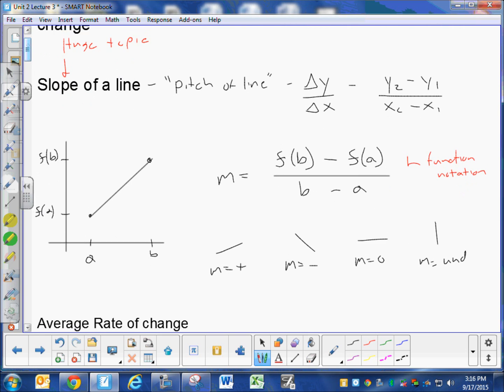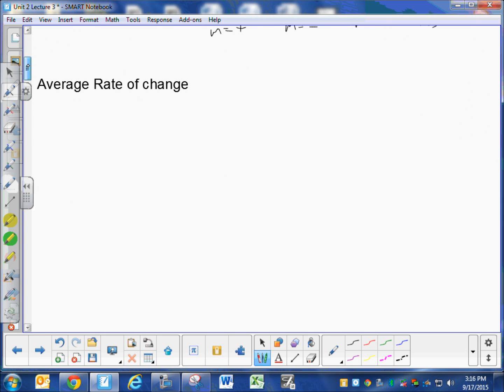Let's also define the average rate of change of a function over an interval. We'll use AROC, A-R-O-C, short for average rate of change.